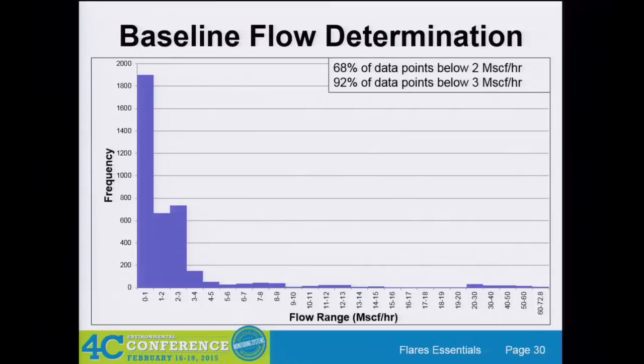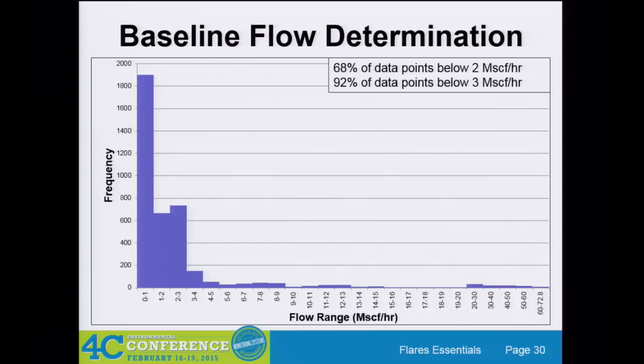Here you're probably getting into some of your minor maintenance events, just day-to-day stuff. And then you had a pretty big drop here, which correlated to about that 3,000 scuff per hour. So we started to feel more comfortable saying that using a number of 3,000 scuff per hour is probably reasonable.